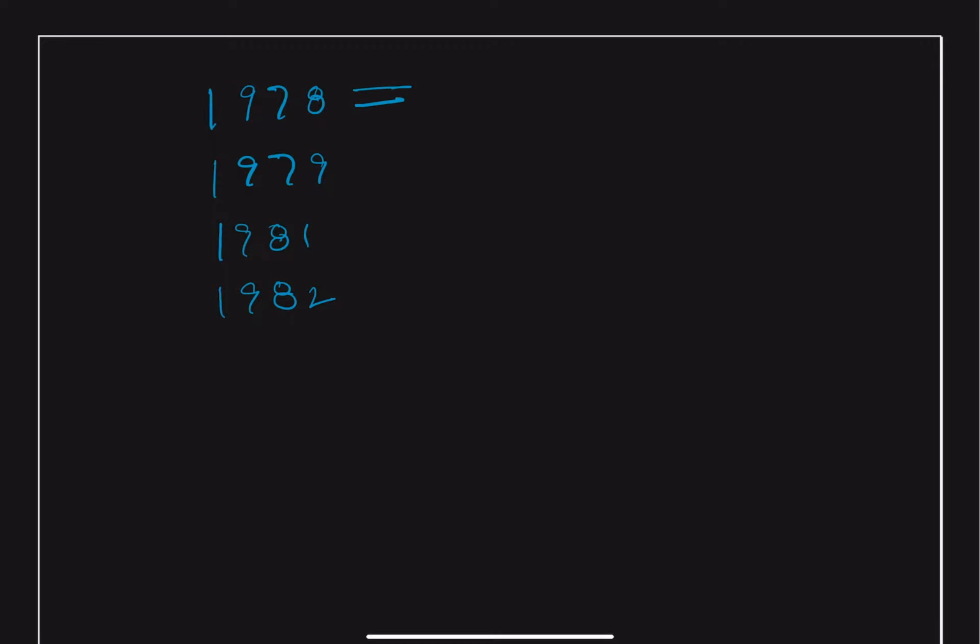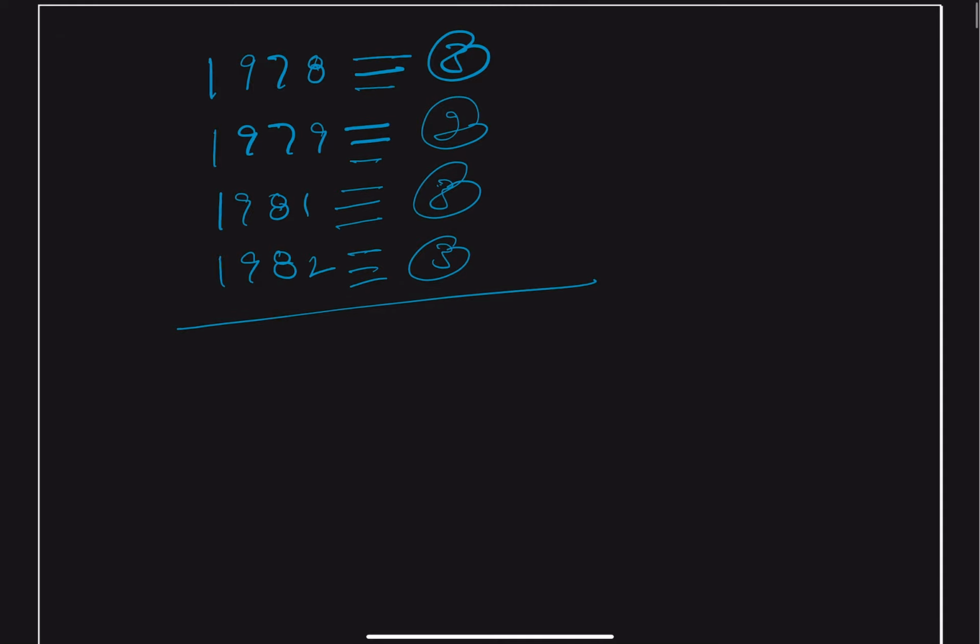From 1978 we have three questions, from 1979 we have two questions, from the year 1981 we also have three questions, and from the year 1982 there are also three questions. So in total we are going to solve these 11 questions.